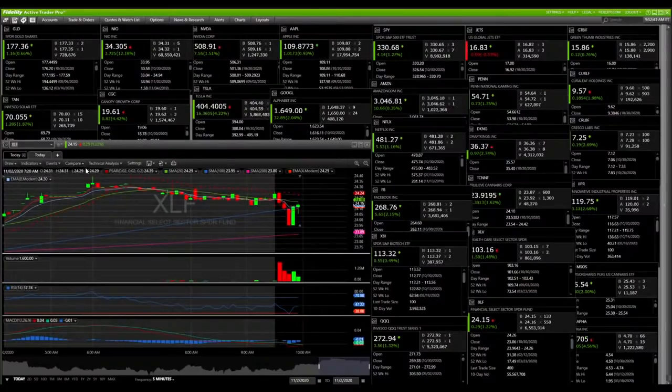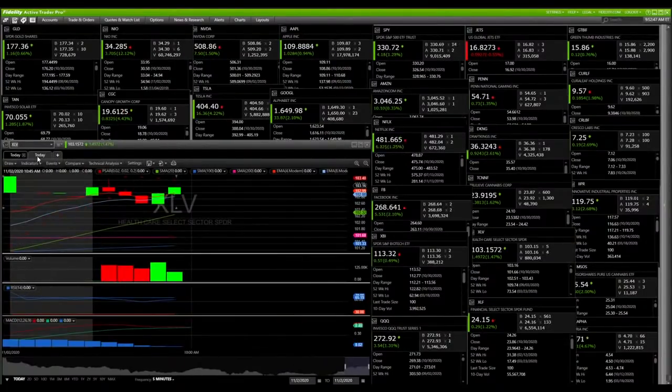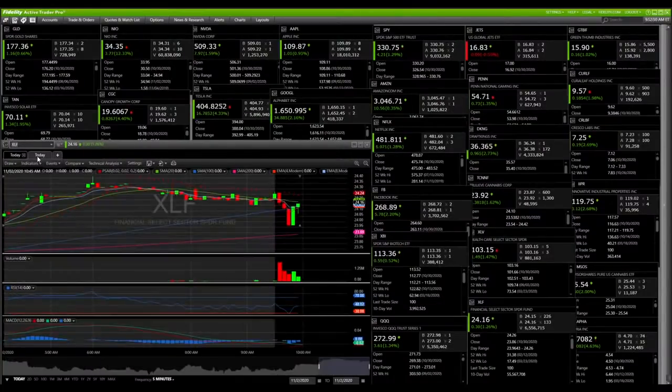Can they make it back to the high of the day? We're setting up for 5-minute equilibriums. If they cannot, we've seen enough bounce off the low to be watching for potential 5-minute tightening ranges. And we know it'll be best case scenario for the market bulls if all of our sectors hit high of the day at the same time. If that were to happen, I would definitely exit my bearish hedge position as well.